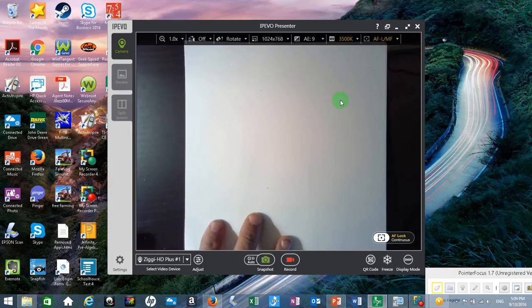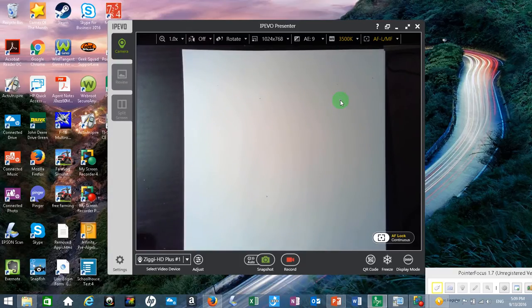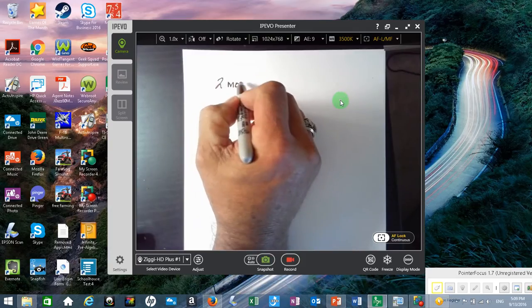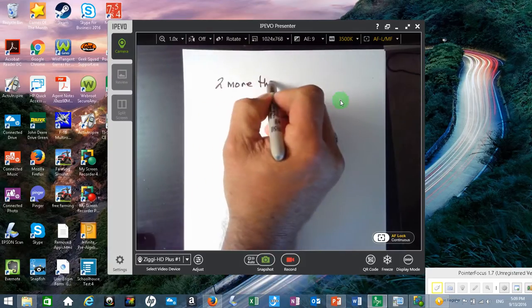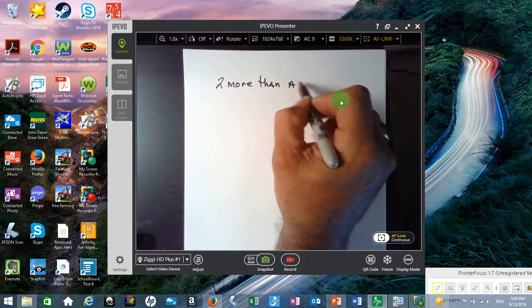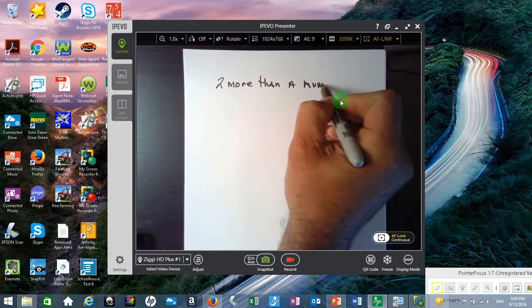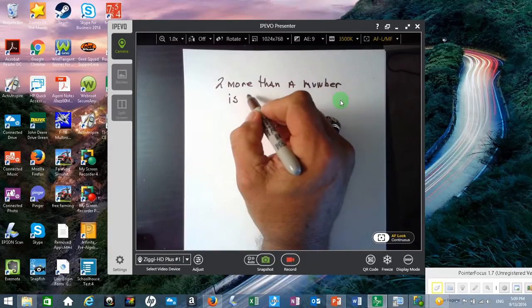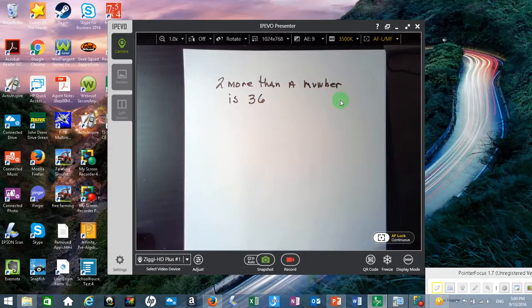When you're talking about a word problem and you say "2 more than a number is 36," that's what I was going to write on the page.